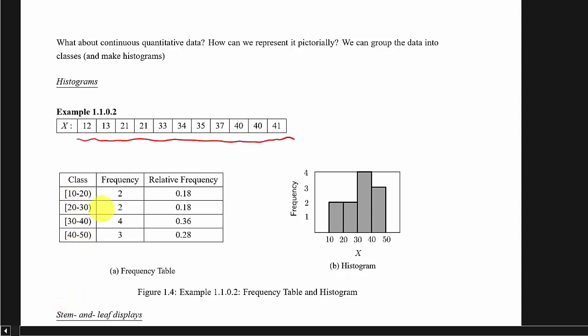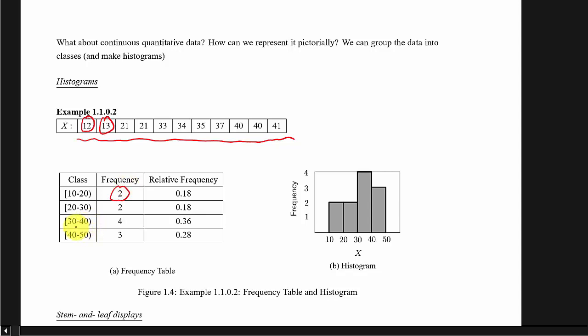Okay, and then we come through the data here in this 10 to 20. Well, let's see. There's 1, 2. There's just 2 data values between 10 and 20. So that's where that 2 comes from. That's the frequency. Okay, and then you can look here.